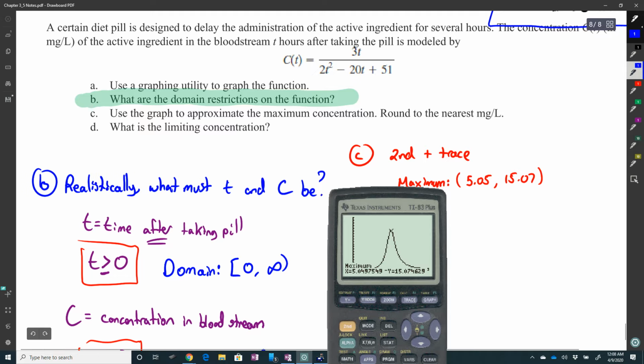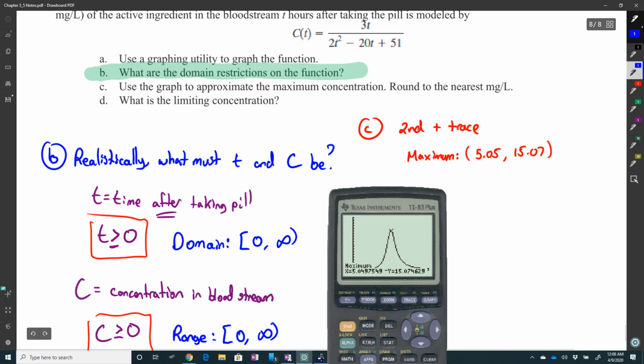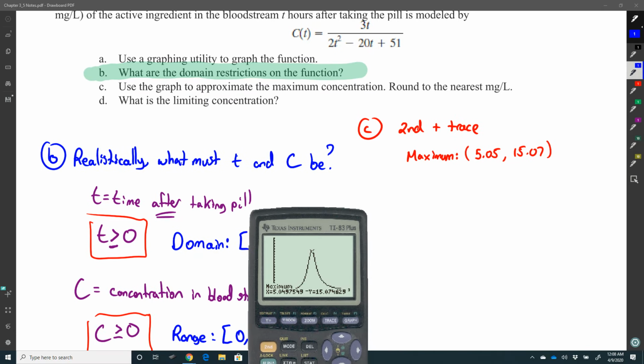Milligrams per liter. Okay. So anyway, the maximum concentration is, and we want the Y value. And they say round to the nearest milligram per liter, so 15 milligrams per liter.